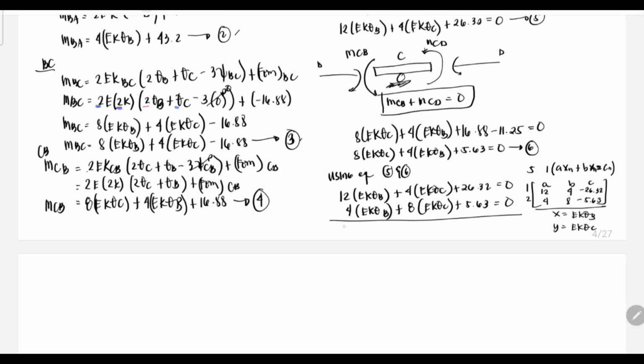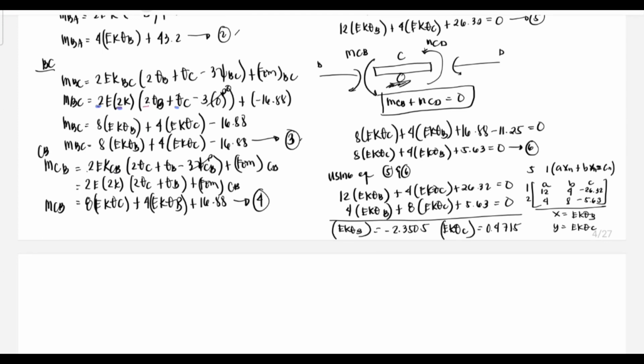So, meaning, your EK theta B here is equivalent to, yung makukuha nyo, after natin ma-equate, ang answer is negative 2.3505 and then yung EK theta C would be 0.4715.